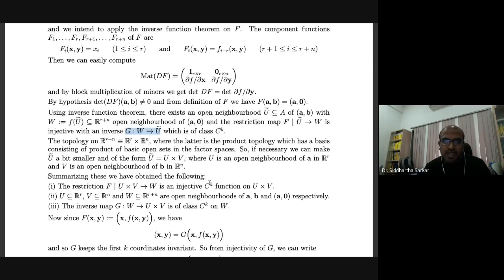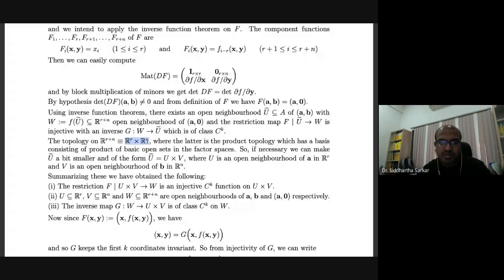Okay, so next I want a little bit nicer description of this open neighborhood U tilde. I can simply use the product topology of R^r cross R^n. So make sure, if necessary, to shrink this U tilde a little bit more so that it looks like U cross V, so that U becomes a neighborhood of A and V becomes a neighborhood of B.